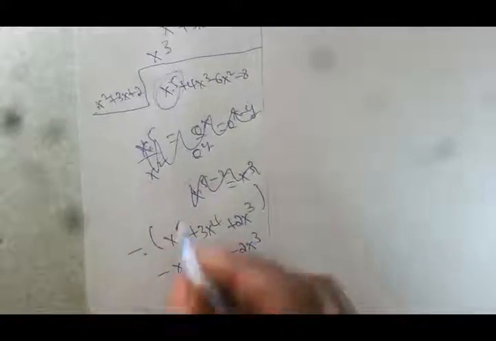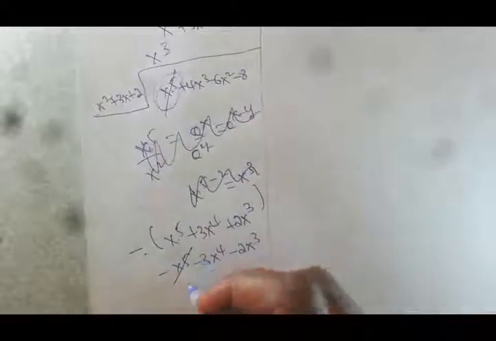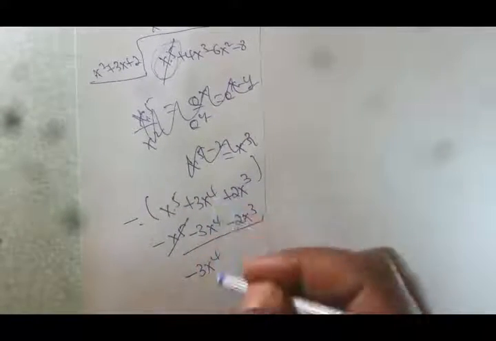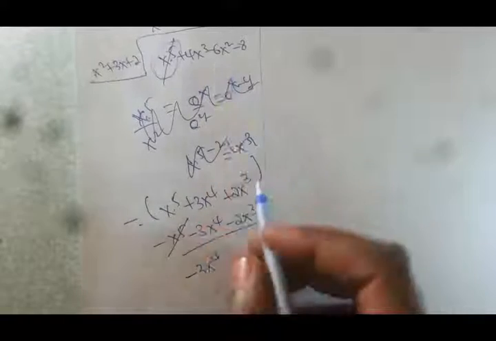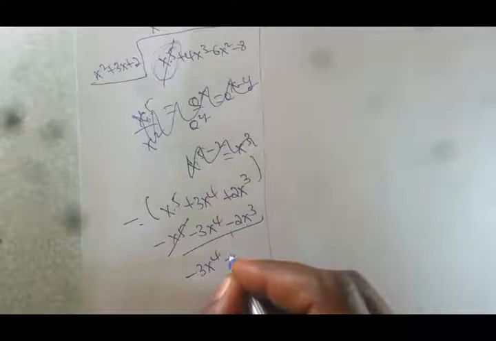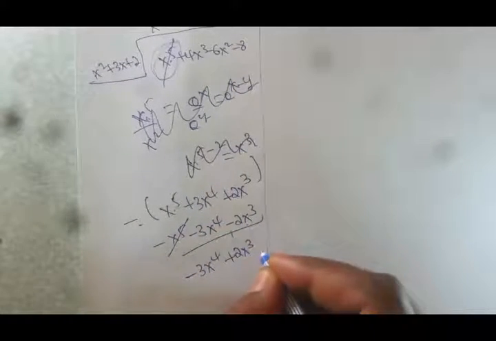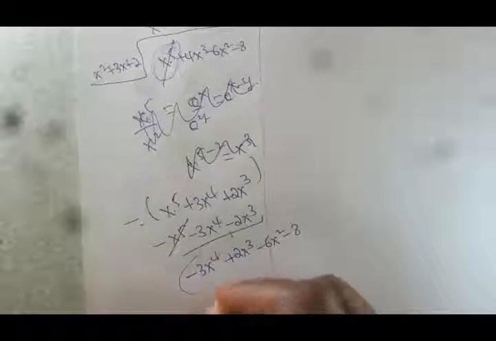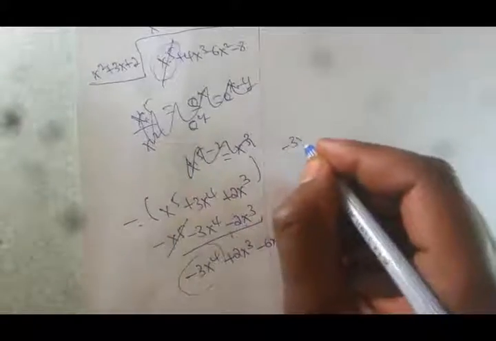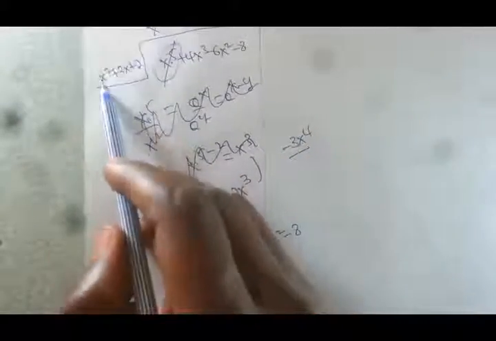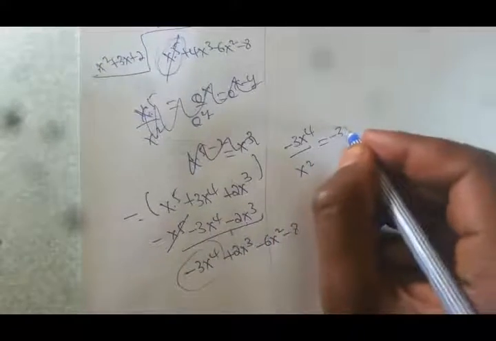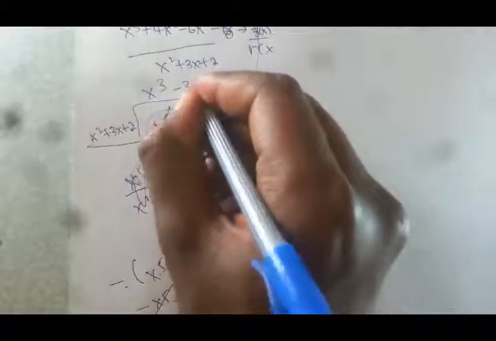Therefore this will be cancelled by this. Then negative 3x raised to 4 is brought down, and 4x cubed minus 2x cubed is equal to 2x cubed, minus 6x squared minus 8. Now we divide negative 3x raised to 4 by the first term x squared, which is equal to negative 3x squared.